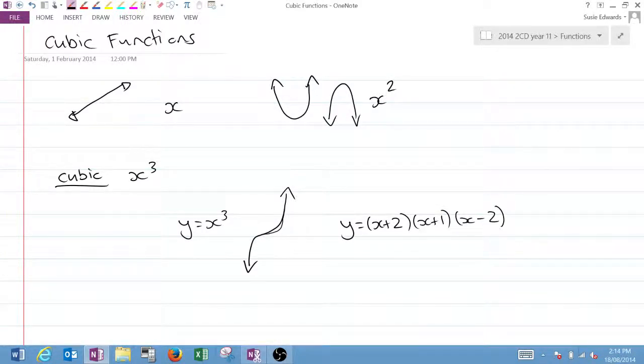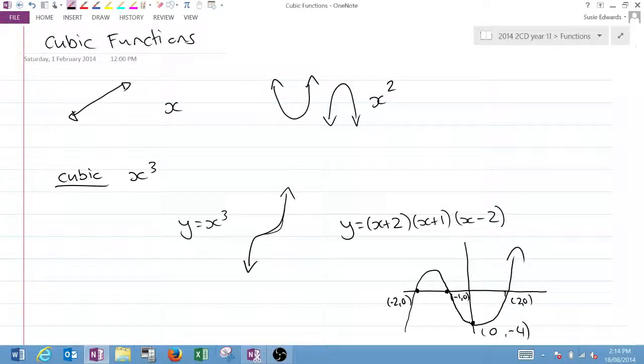Another way of looking at a cubic might be like this one. Now this one, if I draw in a bit of a Cartesian plane, so you should be drawing this as well, goes through these points. And it looks like this.